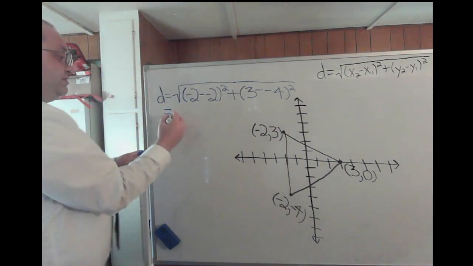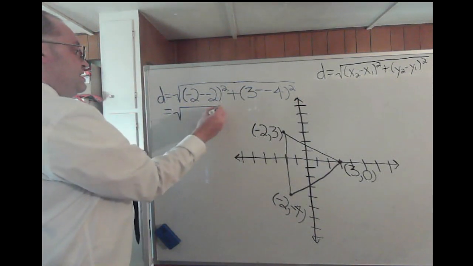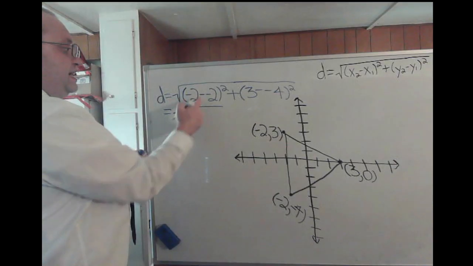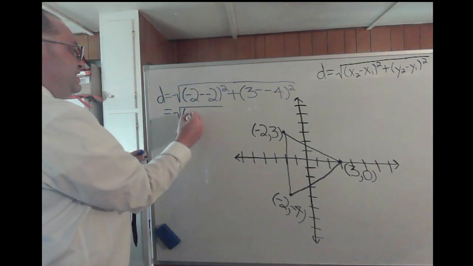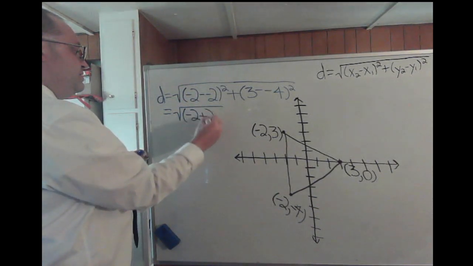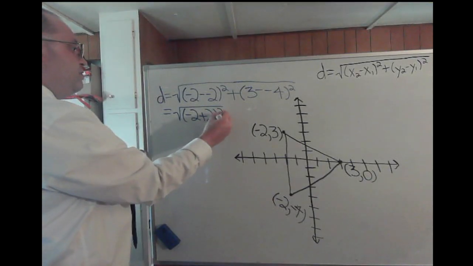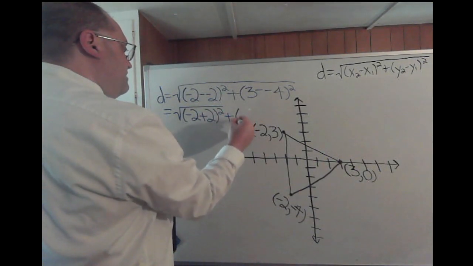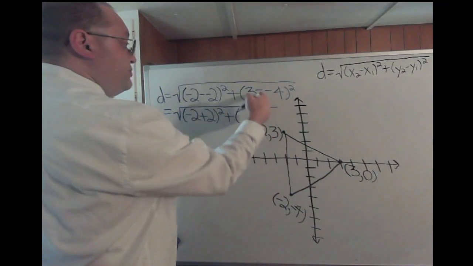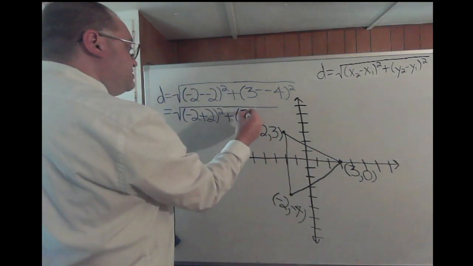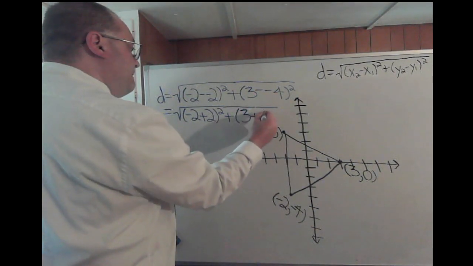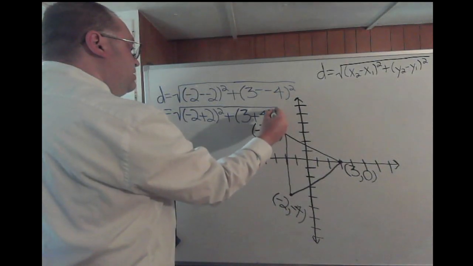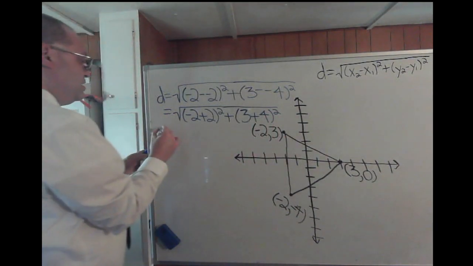If we simplify this, the -2 minus -2 is the same as -2 plus 2, all to the second power, plus in these other parentheses we have 3 minus -4, which is the same as 3 plus 4, all to the second power.